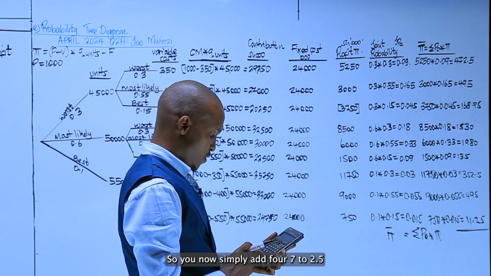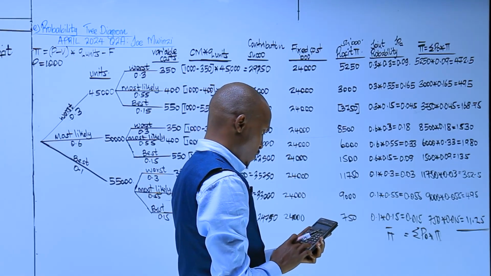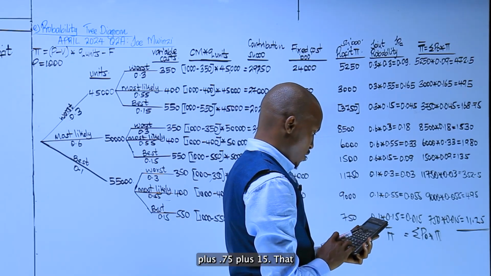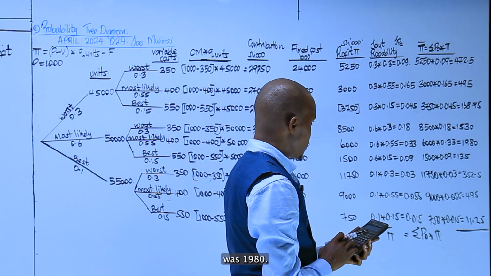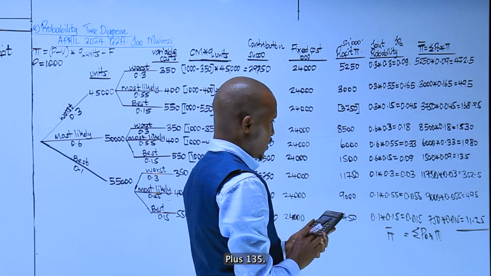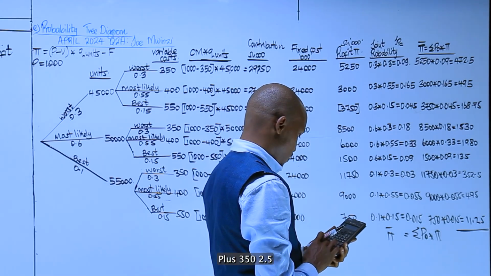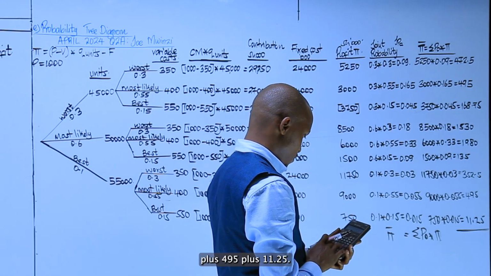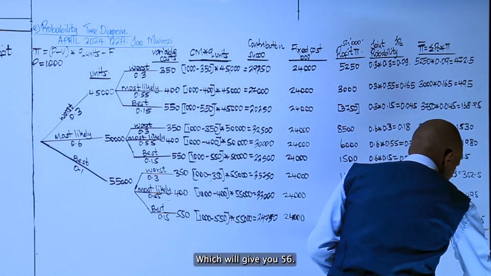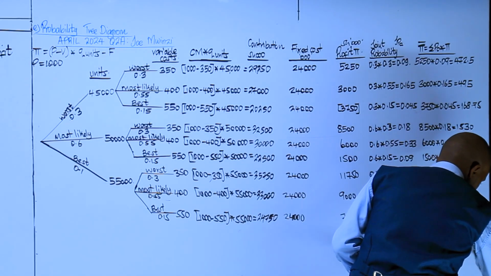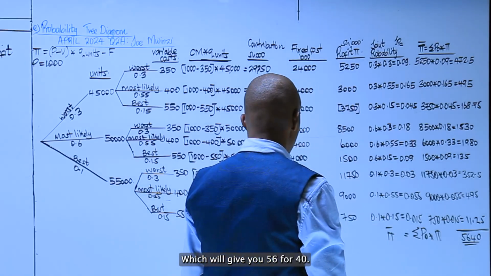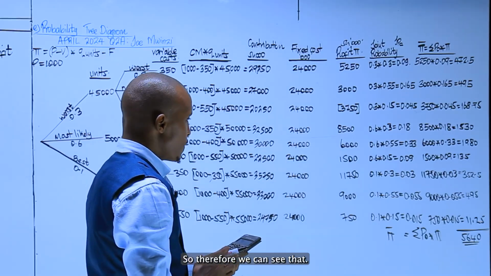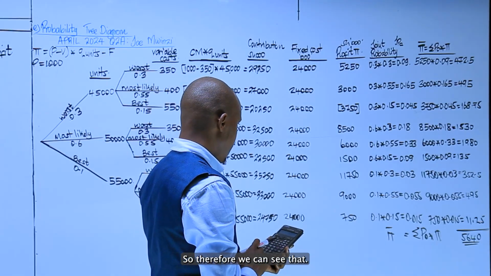So you now simply add 472.5 plus 495 plus 168.75 plus 1530 plus 1980 plus 135 plus 352.5 plus 495 plus 11.25, which will give you 56.40.